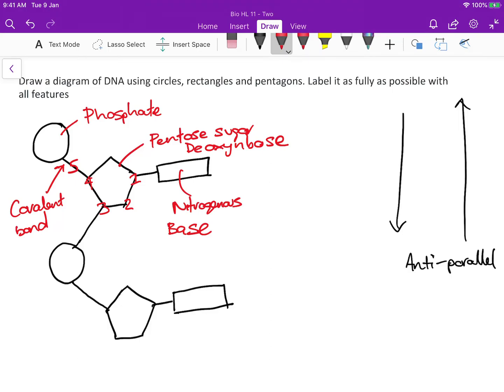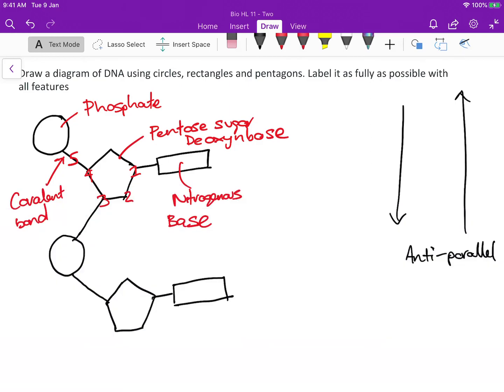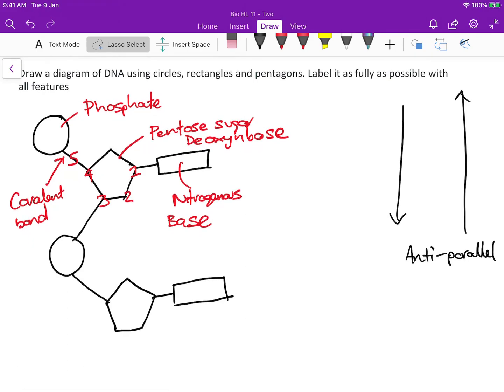Then we need to draw the rest of it. And so the easiest way to do this is to turn your page upside down. Now, pretty hard for me to do.